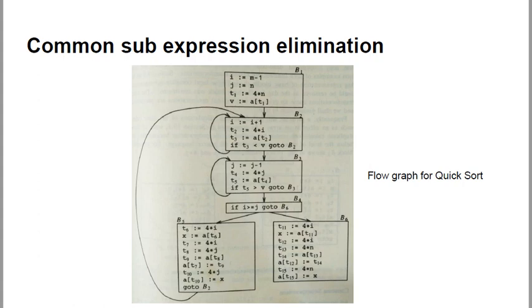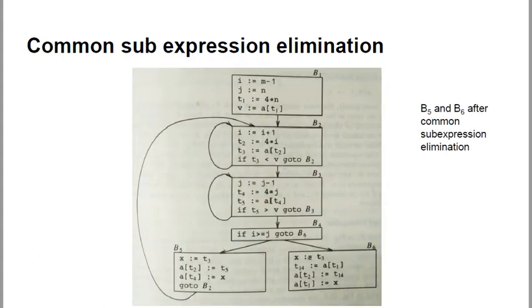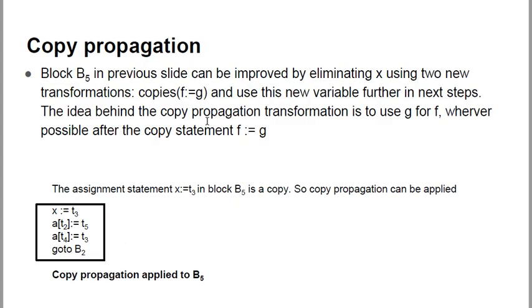After the local common subexpressions are eliminated, B5 still evaluates this same thing, as well as B6. So after common subexpression elimination, we can find that our code is being reduced.